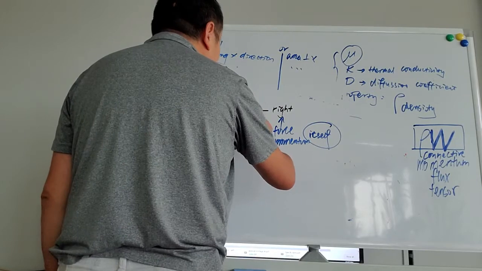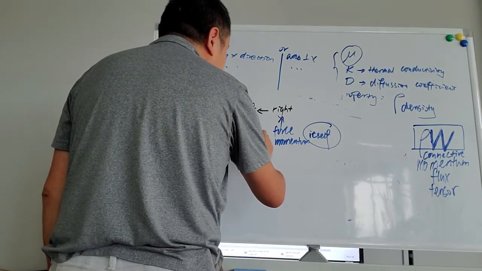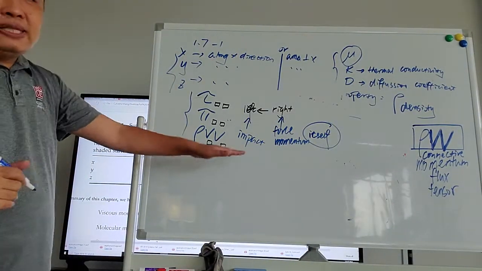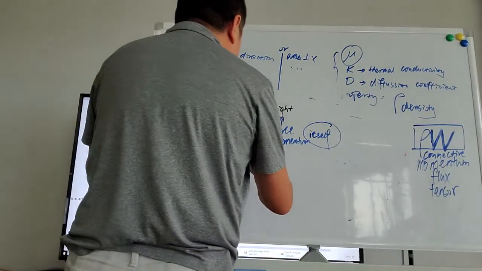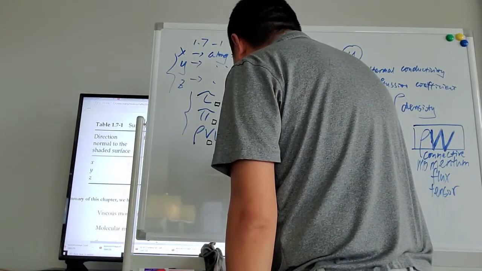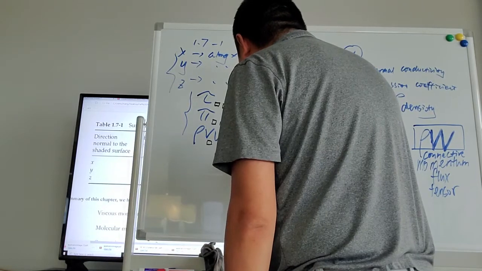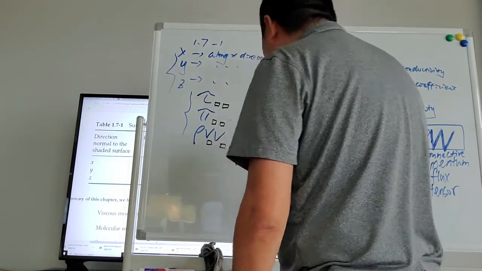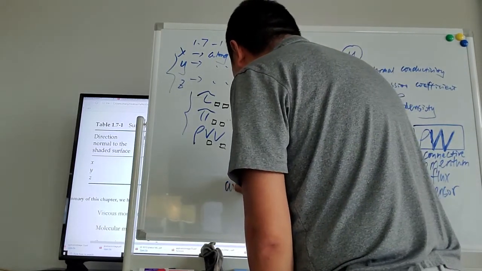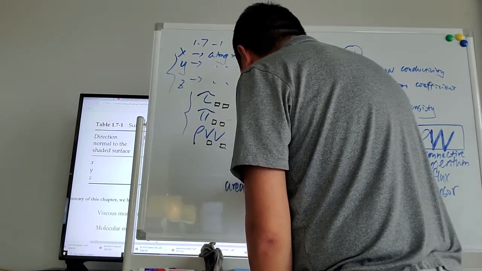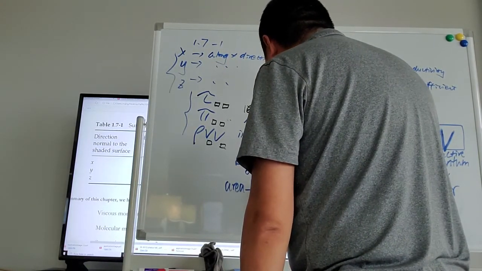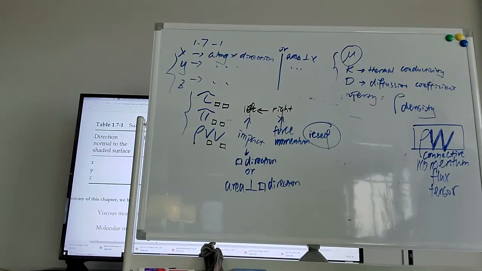The one on the left talks about the impact. So it's an impact in what direction, or the area perpendicular to this direction. Okay.